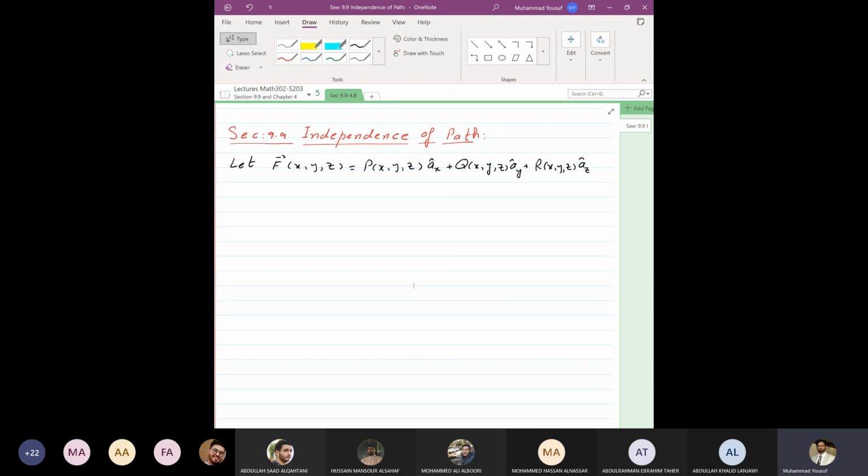And dl, and the path, can be given in different ways from point A to point B. If it is in 2D, it can be given by parametric equations or a Cartesian equation.